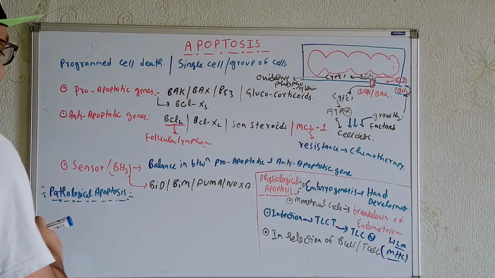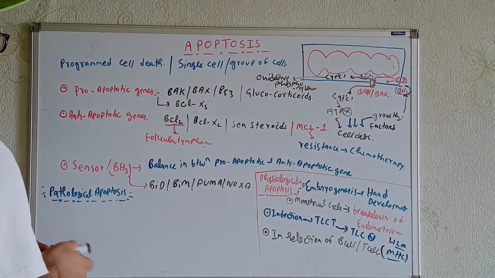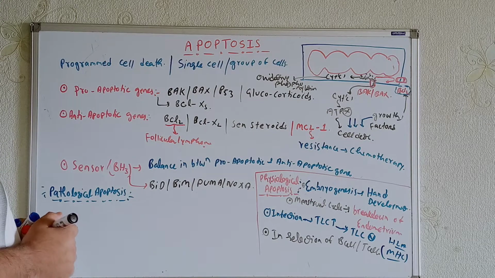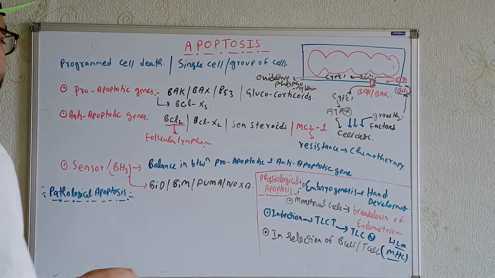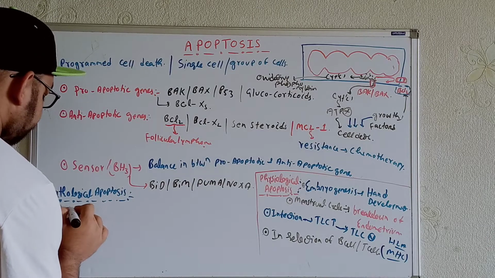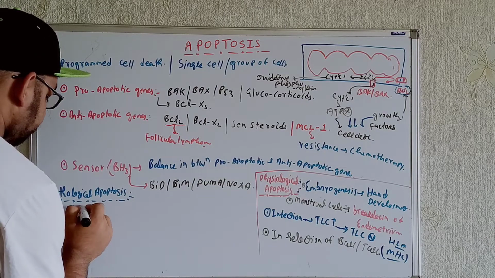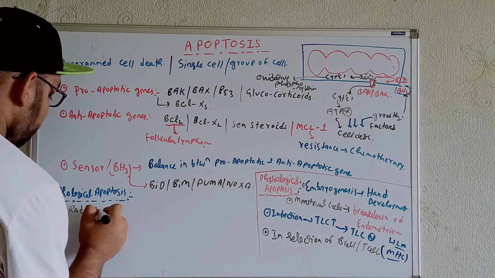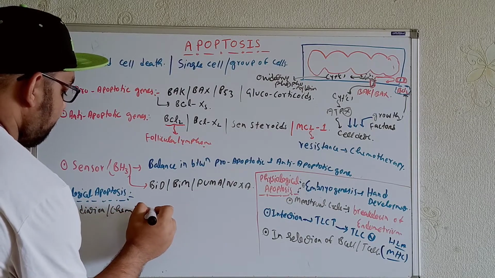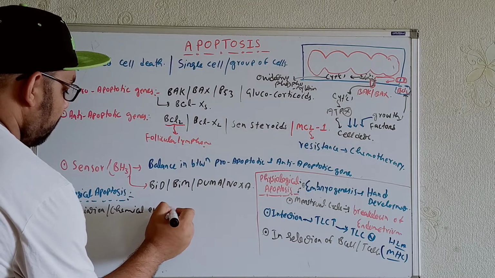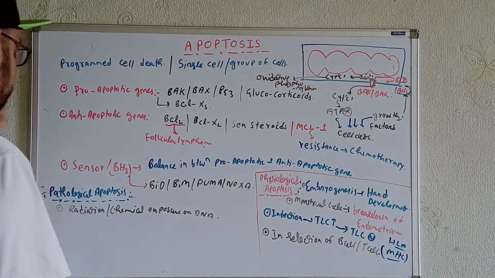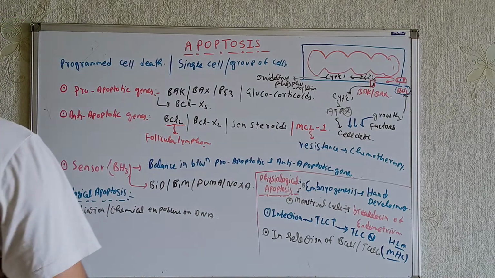If we see any type of chemical exposures or radiation on the DNA, then the cell is supposed to commit suicide, so it will do the apoptosis. So if we see exposures to radiation or chemicals on DNA, then we will see this process, that means the pathological apoptosis in these cases.